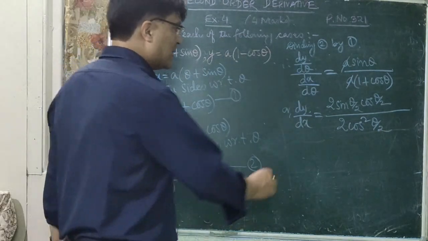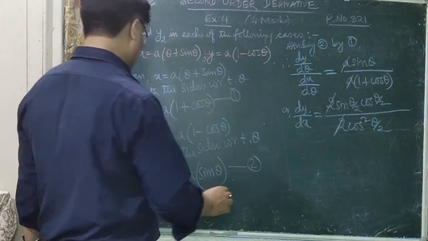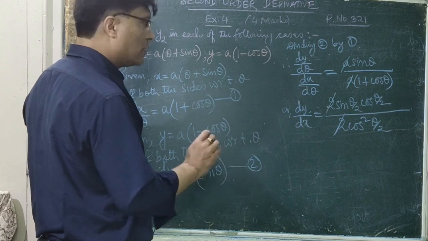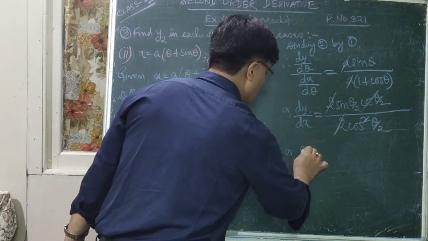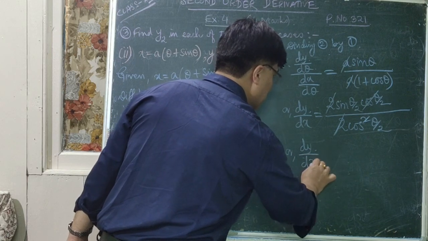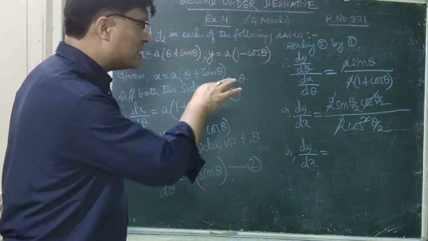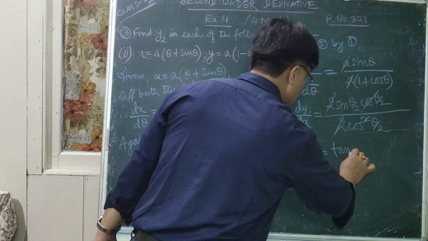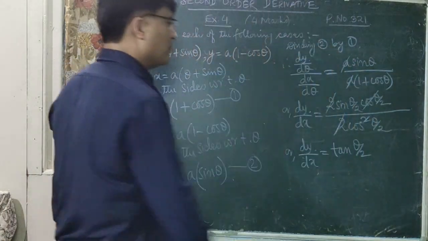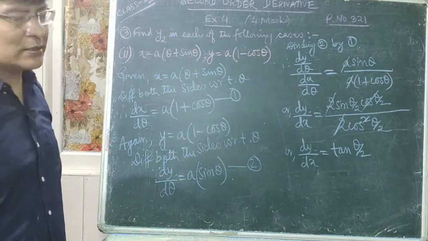Okay. Now we can cancel here. Here 2 gets cancelled. Right. Then cos theta by 2 and square gets cancelled. Or now it is dy by dx is equal to, what is sine theta by 2 divided by cos theta by 2? That is your tan theta by 2. So I think you have understood it. So you can copy it.